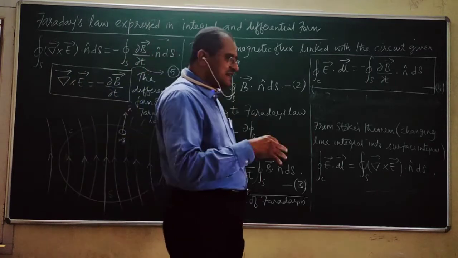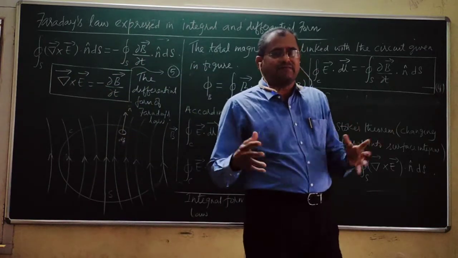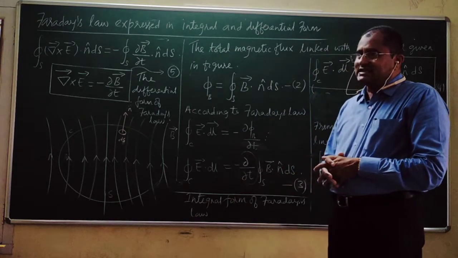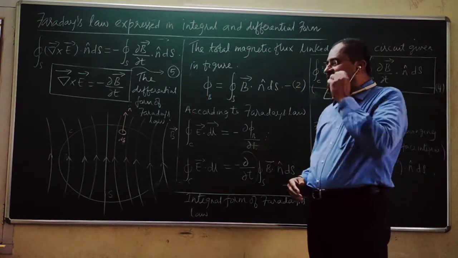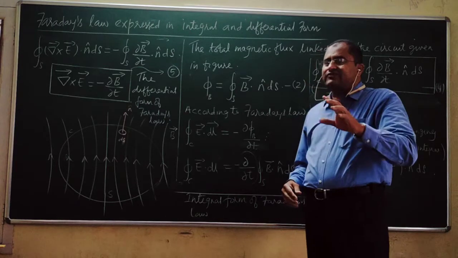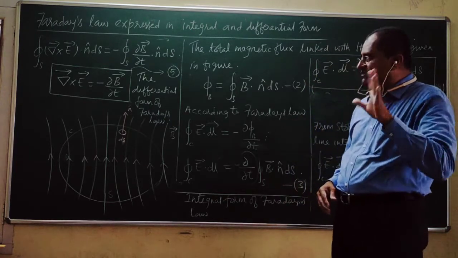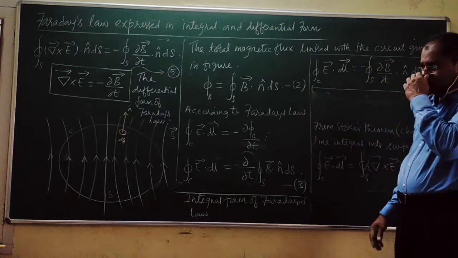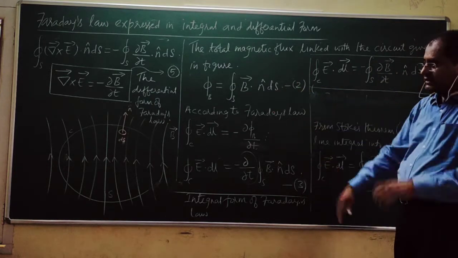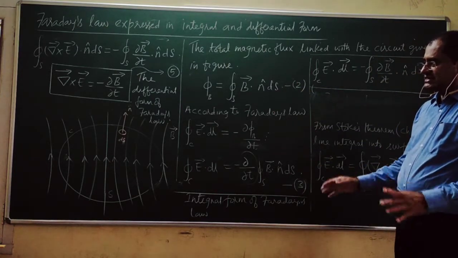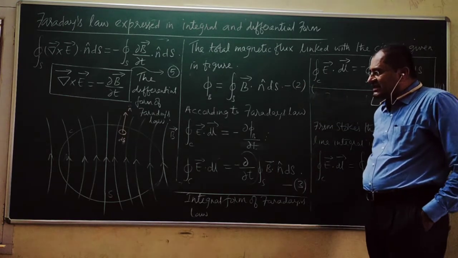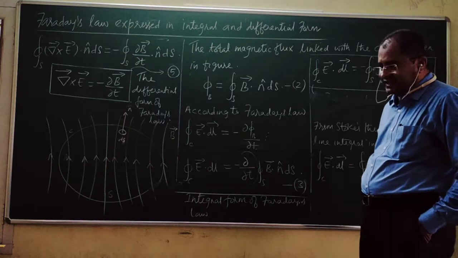that when magnetic flux is changing with respect to time, induced EMF will be produced, and there will be an electric field as well. Line integral of electric field will give you induced EMF. We have taken a space S which encloses circuit C placed in a magnetic field B vector.